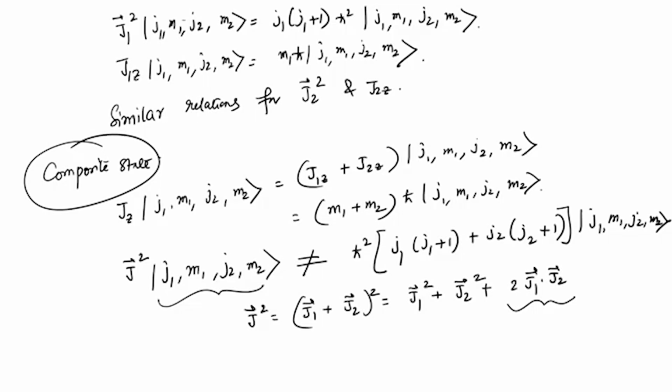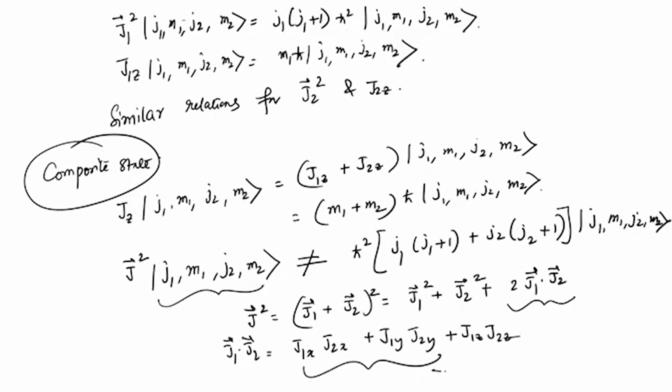So, now if that is the case, we have the term 2 J1 J2, let me write it explicitly. Let us forget the 2 factor at the moment, but we have J1x J2x plus J1y J2y plus J1z J2z, and these terms do not commute with either J1z or J2z.